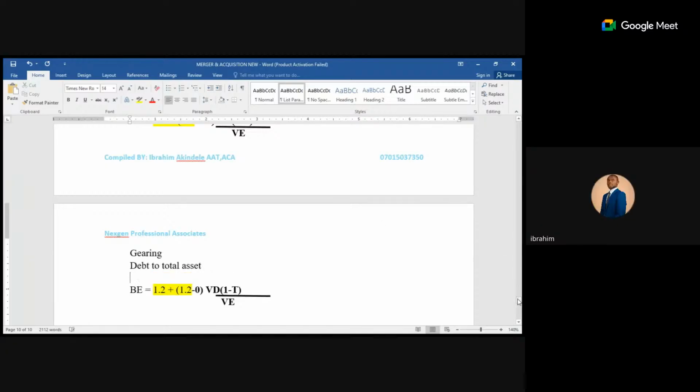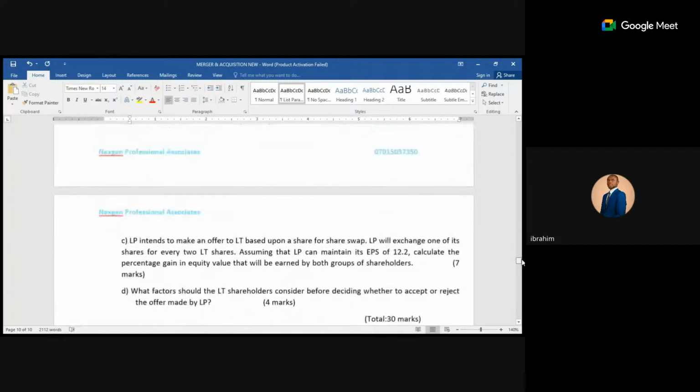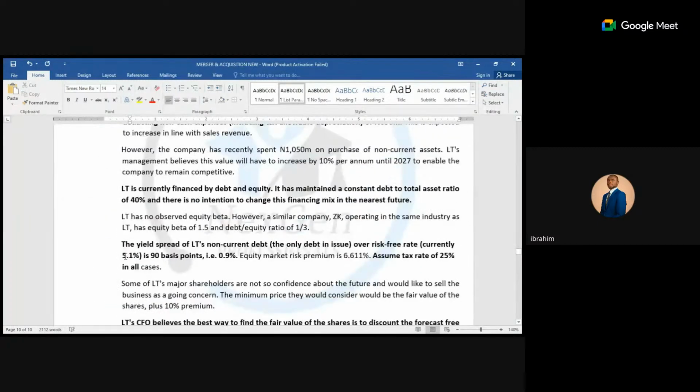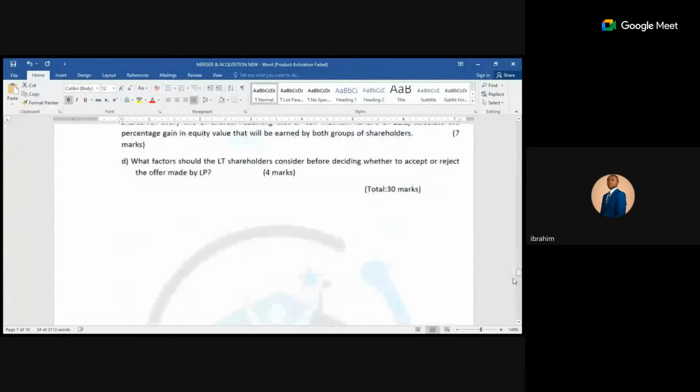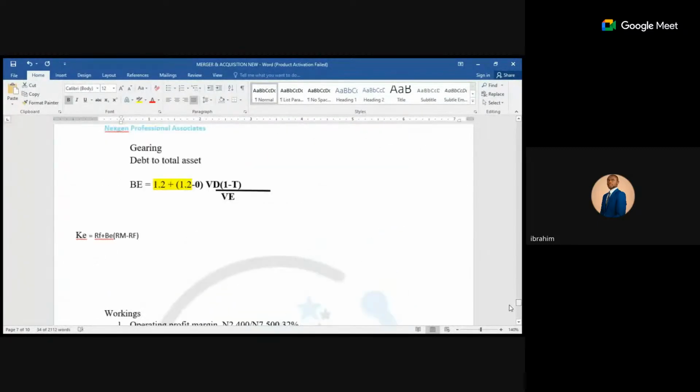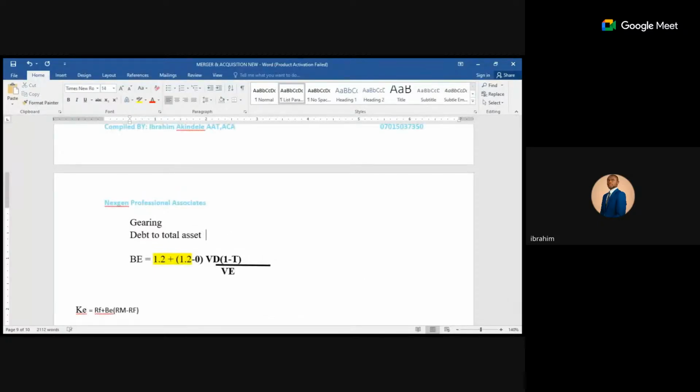Debt to total assets for the main company, LT, of 40. So therefore, the value of debt will be 40 and the value of equity will be 100.